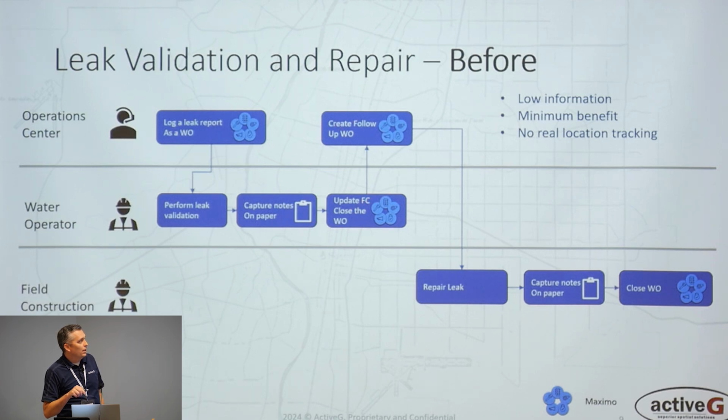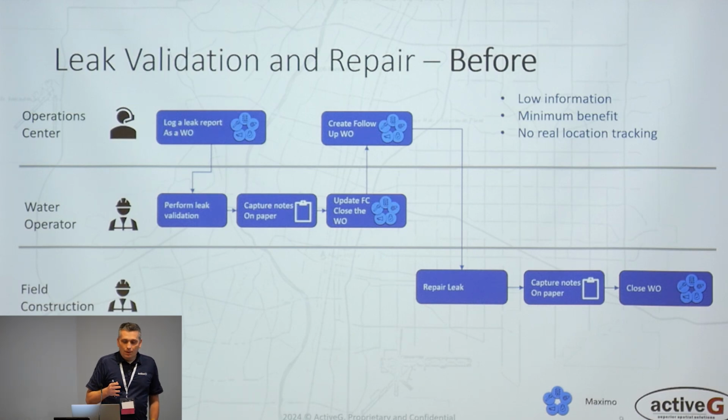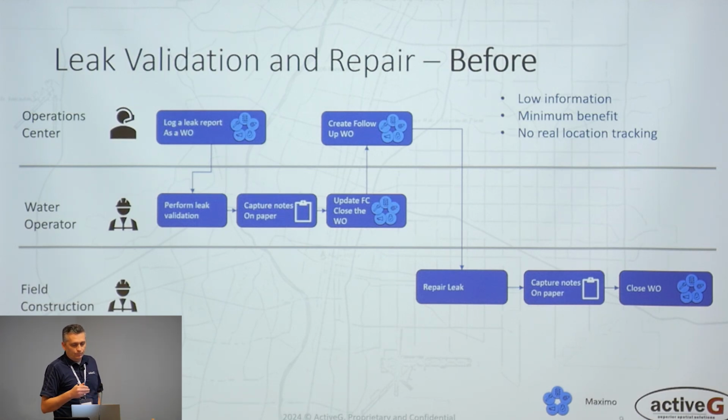Then they would have to create a follow-up work order. And then someone else would have to go out, repair the leak, and then put it into Maximo. So that's great. But there wasn't a lot of mapping capability for the users. This process gets hung up a lot of times.